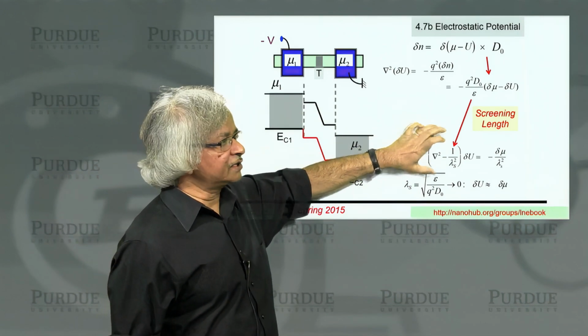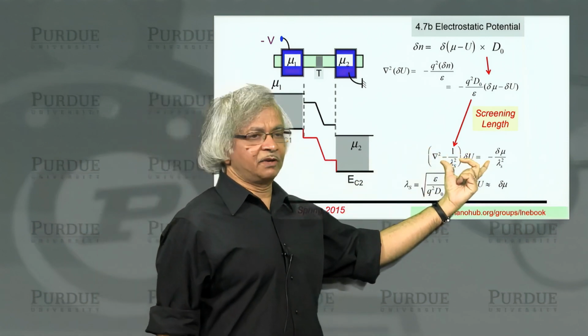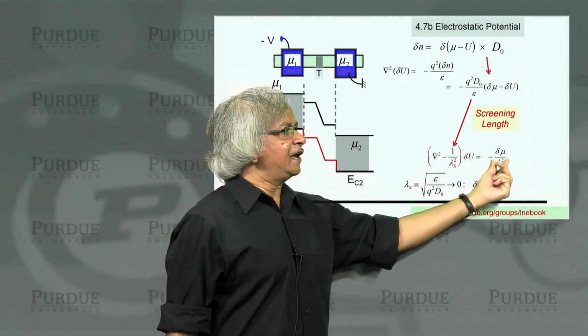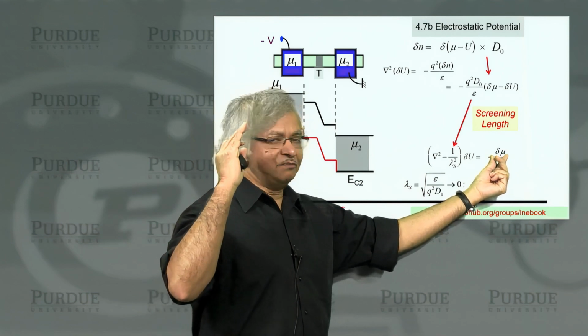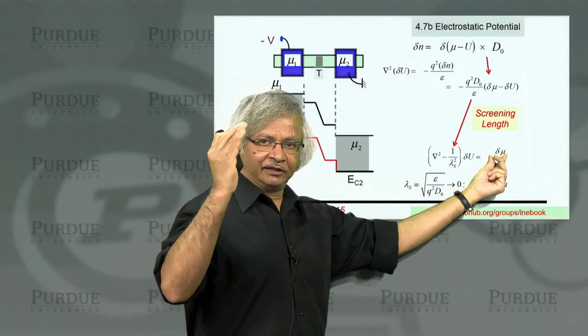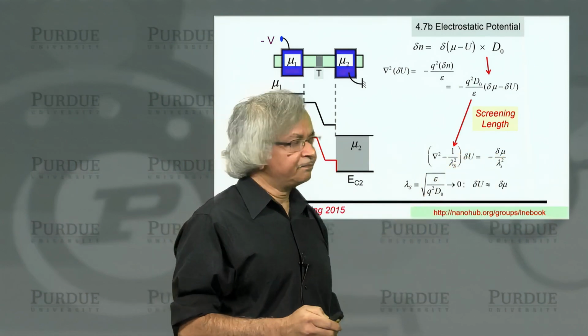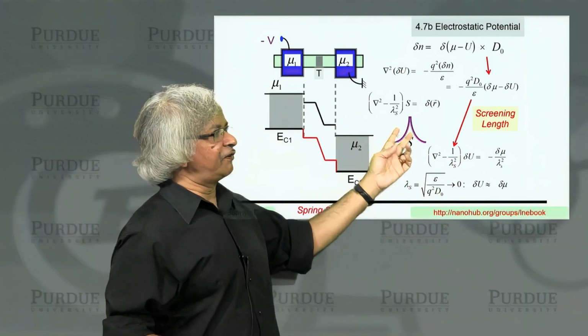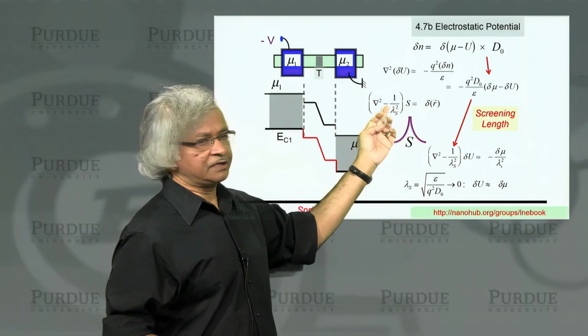Now, how do you solve this equation? Well, one way to think about it is to find the impulse response of this equation. That is, if this change in mu had been a delta function at one point, like what you call an impulse, what would be the corresponding delta U? So you could define a screening function which is like the impulse response of that equation.